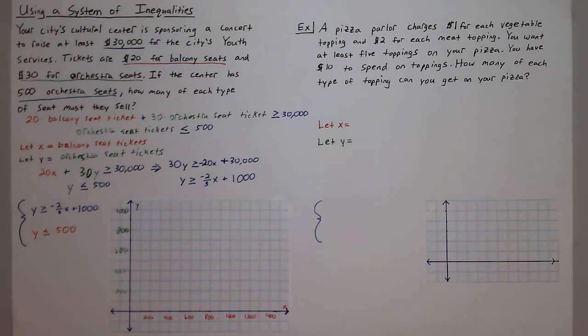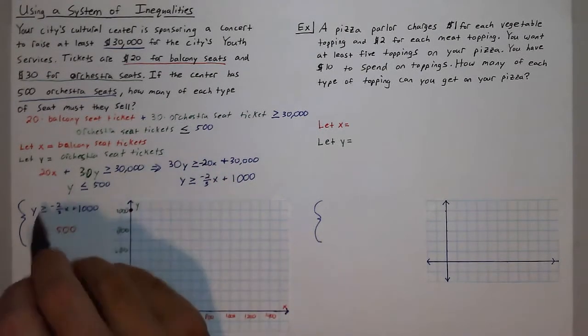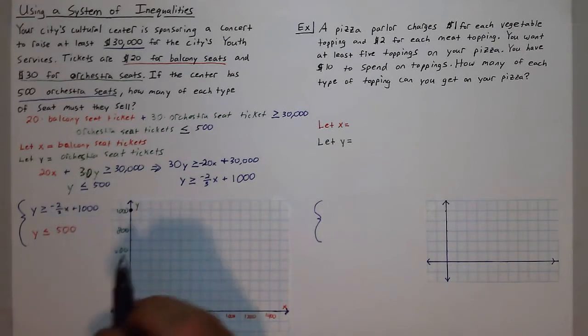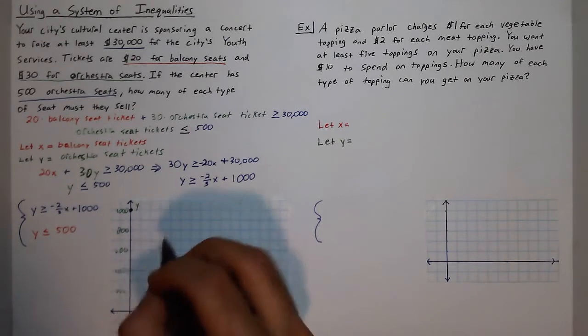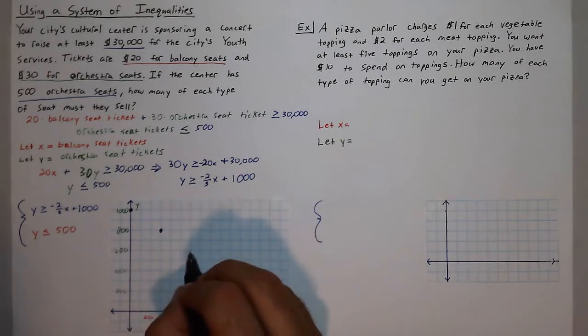Now, in order to graph this blue line, my y-intercept is 1,000, and it goes down 2 over 3, which in this case will be down 200 over 300, but that still is the slope.